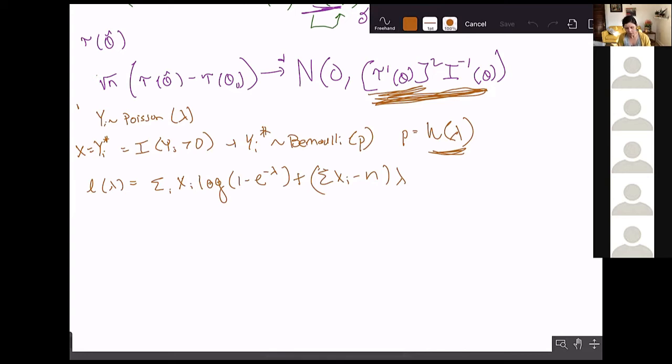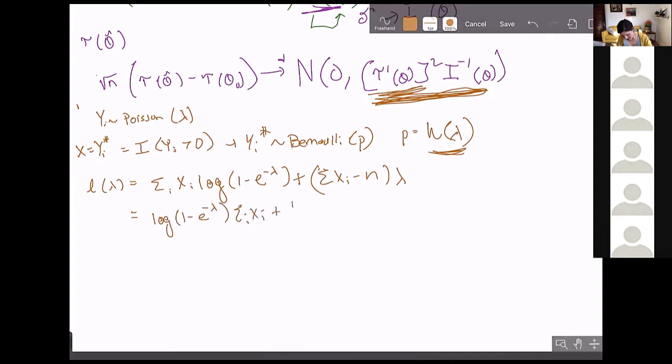But going from here, first you calculate the score. And actually I'm going to rewrite this so that I have the x's on the right hand side and the functions of lambda on the left hand side, because I like it that way if I'm about to take the derivative.